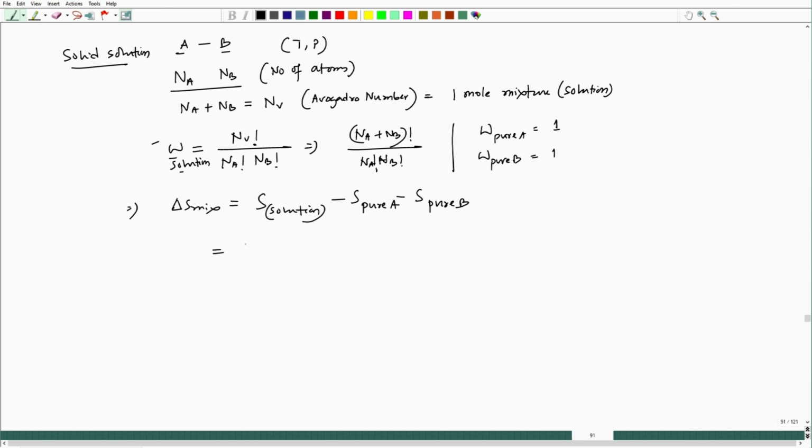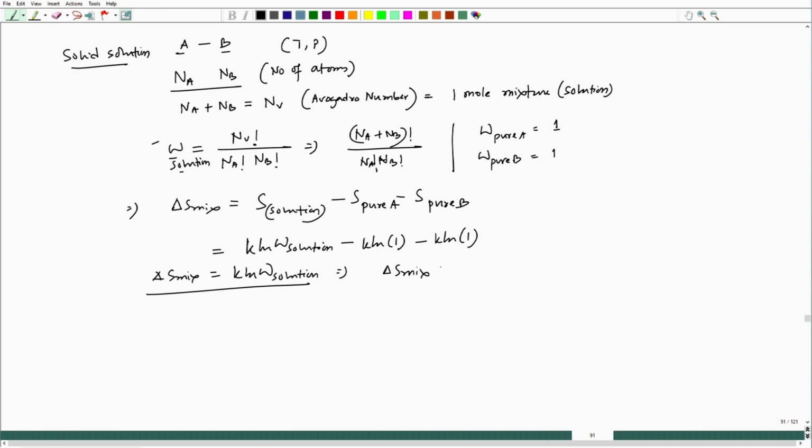So, I can write k, which is the Boltzmann constant, ln omega of solution minus k ln 1 minus k ln 1. So, it actually turns out that del S mix equals k ln of factorial of (N_A plus N_B) divided by factorial of N_A and factorial of N_B.